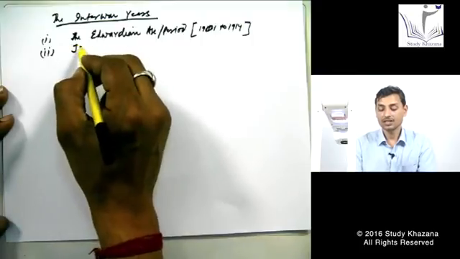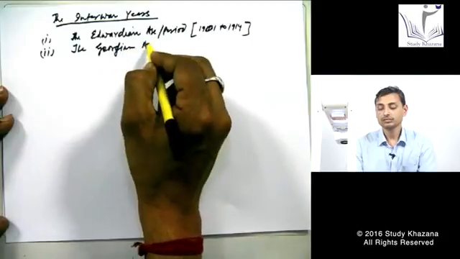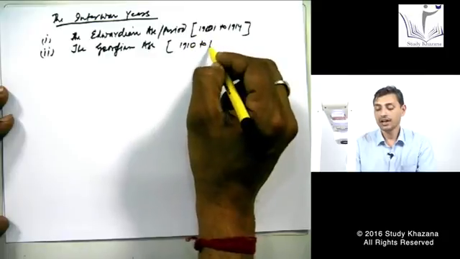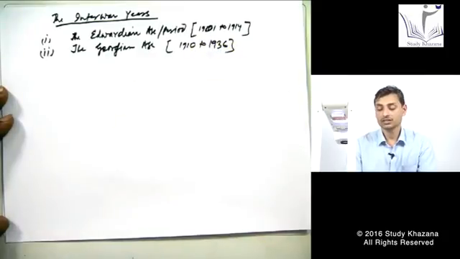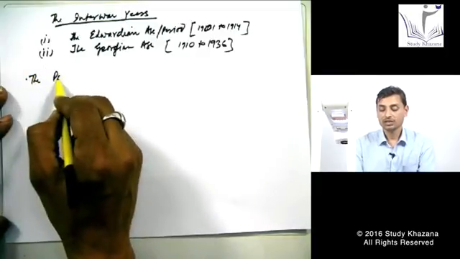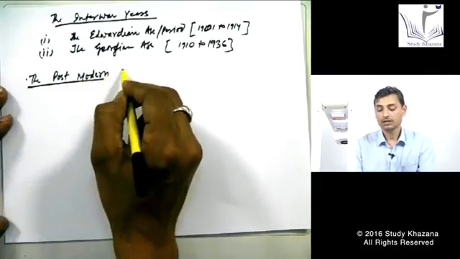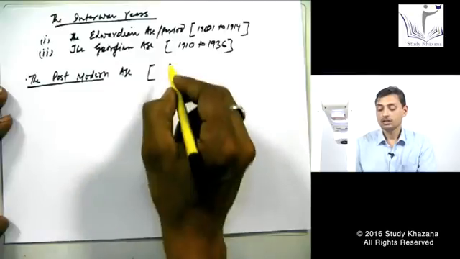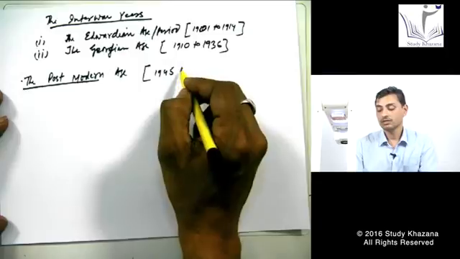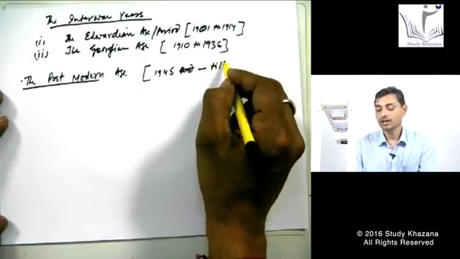The second classification is the Georgian age or the Georgian period, and this is from 1910 to 1936. And finally there is the post-modern age that begins from 1945 and continues till date.